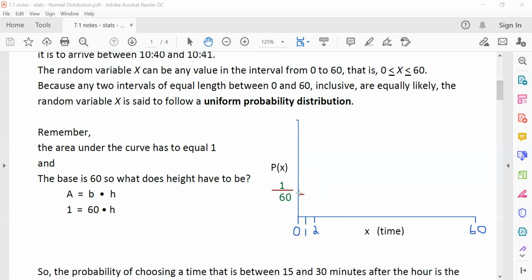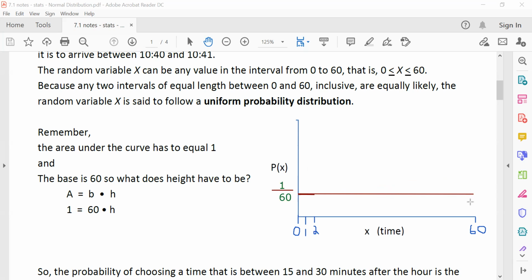So the height of the curve stays the same, because you take whatever time interval you want, you go up and you read the height of it on the curve. That's going to tell you the probability. In fact, for any 1-minute interval, the height of the curve stays exactly the same, 1 over 60. So it just creates a flat line here.